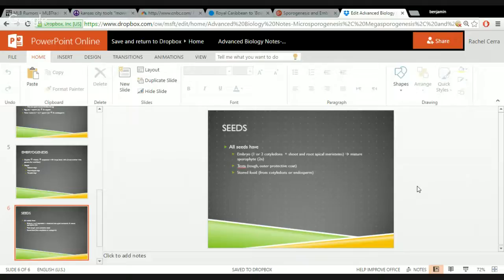In picture 2, the pollen tube has infiltrated and the sperm are getting ready to go into the megagametophyte. Picture number 3, it's released the 2 sperm. Picture number 4, you've got 2 big structures there in the middle.